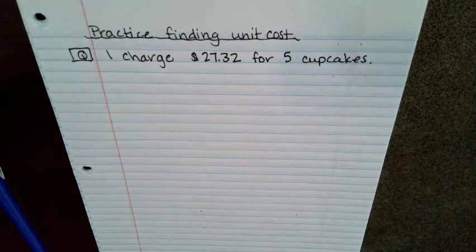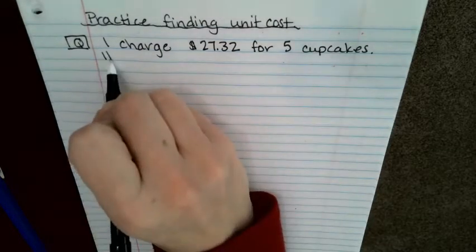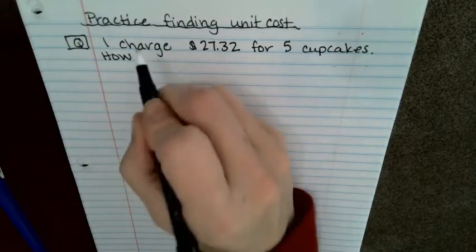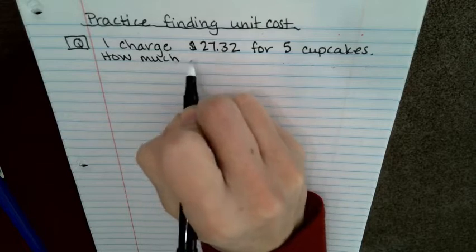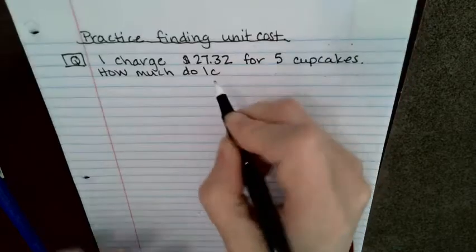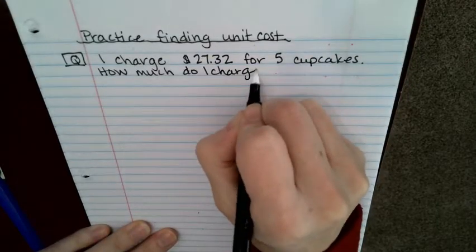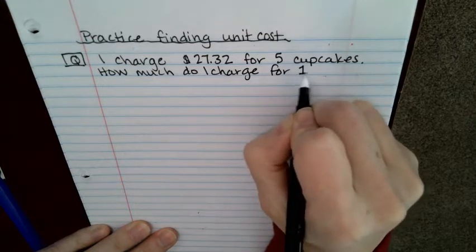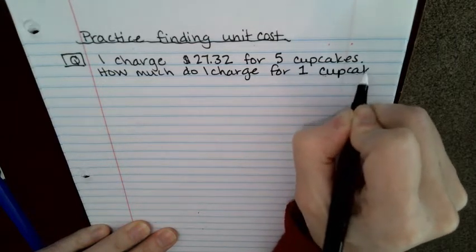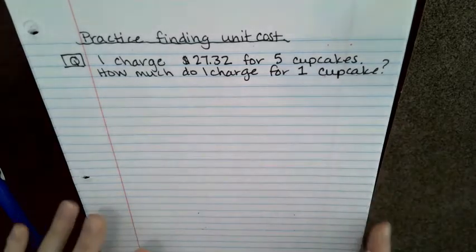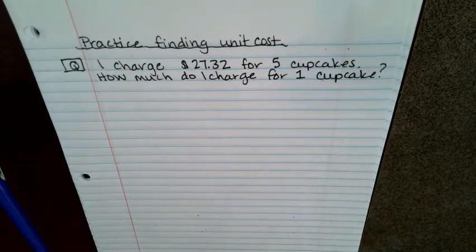Okay, I charge $27.32 for 5 cupcakes. How much do I charge for 1 cupcake? Okay, so again, I charge $27.32 for 5 cupcakes, but I want to figure out how much I'm charging for 1. When I'm looking for how much I'm charging for 1, I'm really just looking for the unit rate.